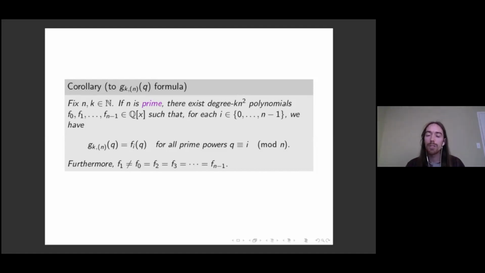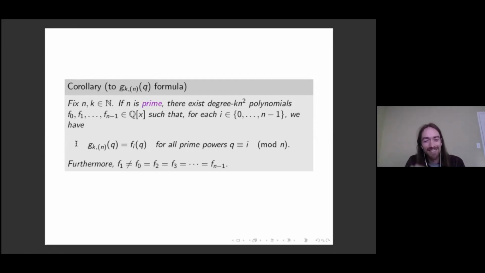They have the same degree, kn squared, and the same leading coefficient. And that's coming from the fact that they all have to have the same asymptotics. And the property to satisfy is this equation here. If you want to evaluate g_kn of a prime power q, and it's congruent to i mod n, then you can just plug q into f_i.